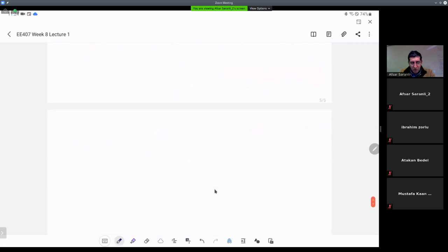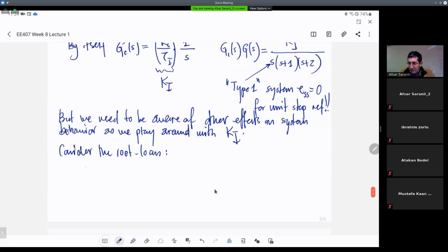What is the number of asymptotes? Now we have no zeros but 3 poles, so the absolute value of n minus m is equal to 3 asymptotes.